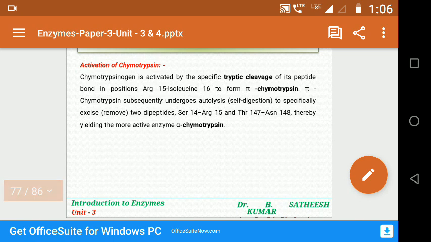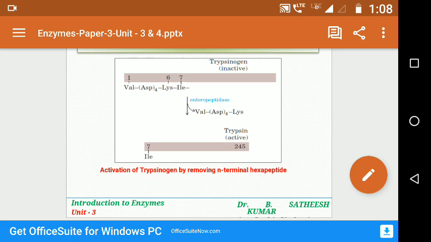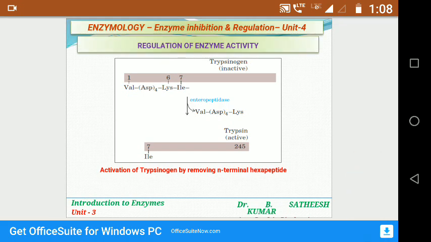And one more example is activation of chymotrypsin. In trypsin activation, the enteropeptidase plays a major role. Once a small amount of active trypsin is formed, that trypsin itself activates trypsinogen without the need of enteropeptidase.